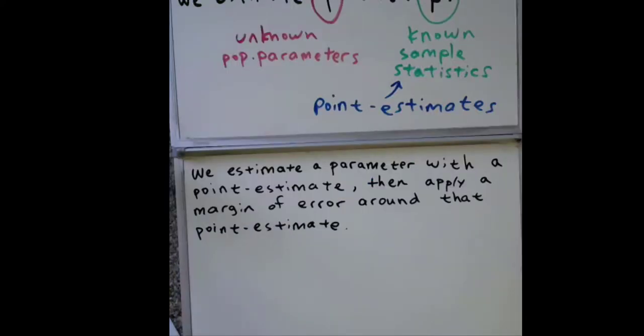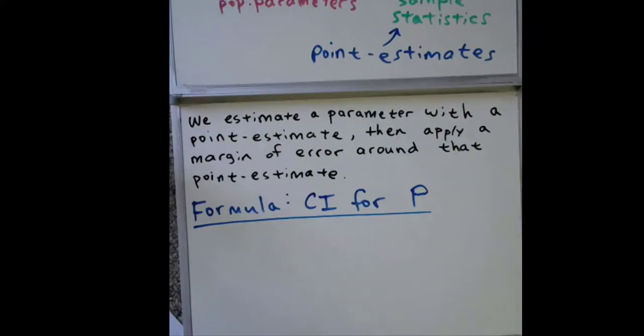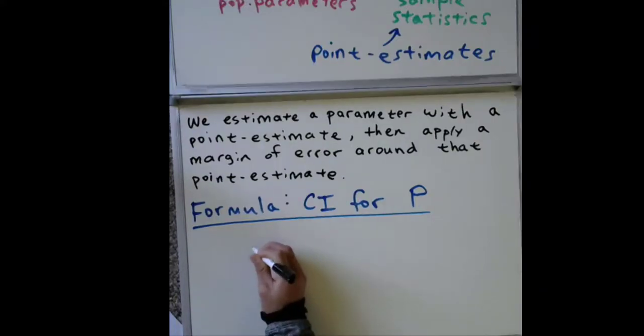Let's jump to the formula that we're going to use for the confidence interval for a population proportion. We can say CI, confidence interval, for P, the population proportion. The formula starts with P hat.